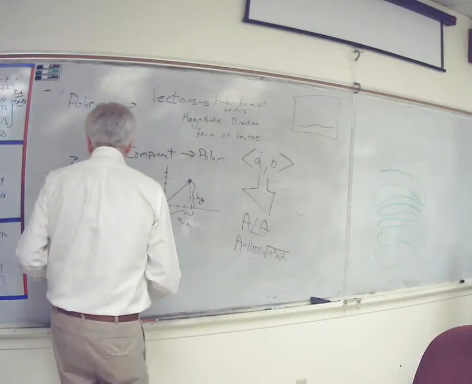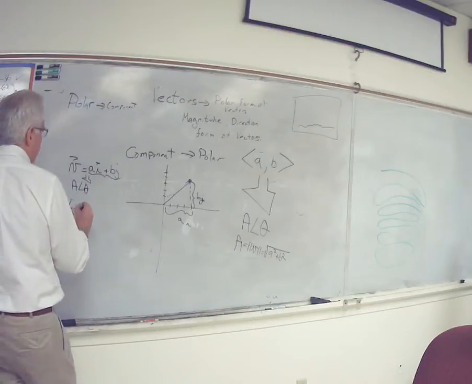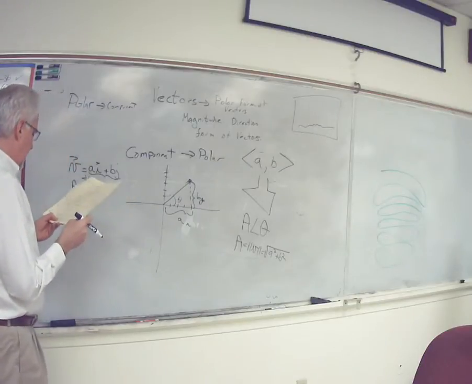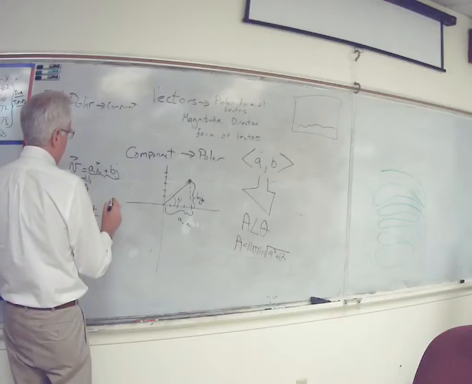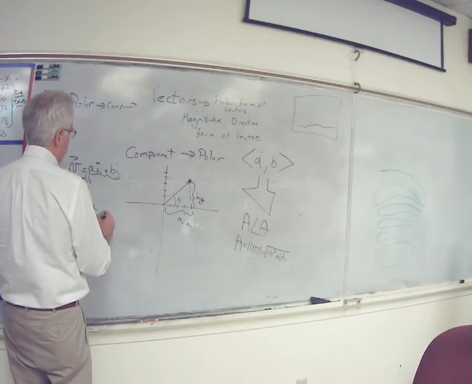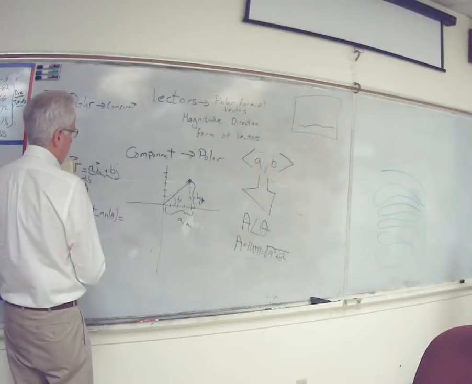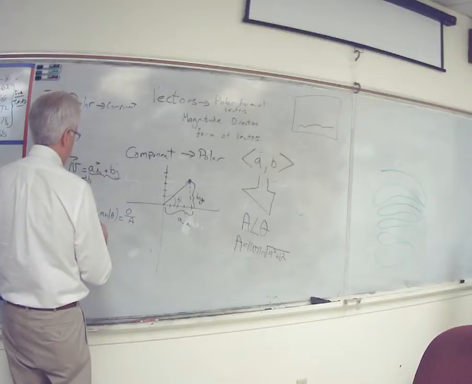Now what I need is an angle. The angle is this angle here. And what would that angle be? Well, I know from SOHCAHTOA that tangent of the angle is equal to opposite over adjacent.